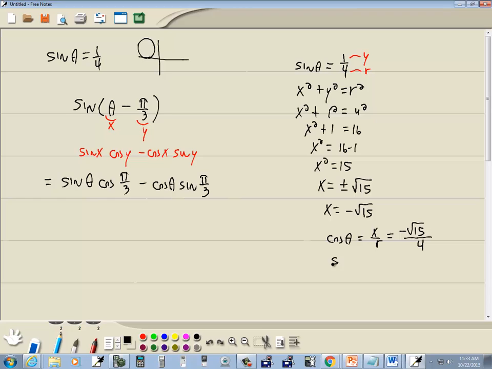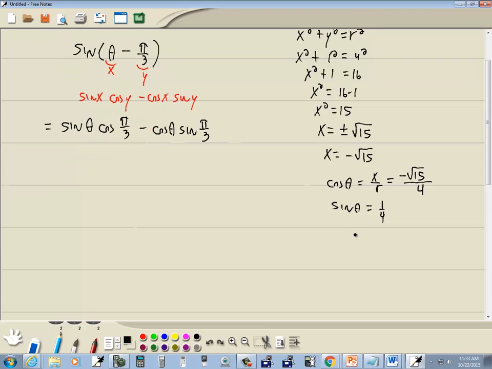Let me just go ahead and write down sine theta again. Sine theta is equal to 1/4. Okay. Now if I draw my unit circle, pi over 3 is right here, and this will be 1/2, square root of 3 over 2. Okay.